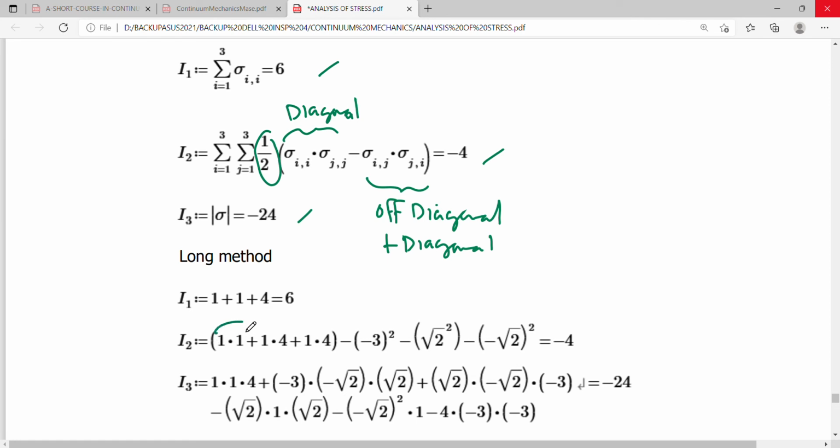So here, this is done twice. And also here, this is done twice, including the diagonal values. But since there's a 1 half coefficient there, these two here and 2 here will simply be equal to 1. That's why at the end of the day, you only use one cycle of each diagonal multiplication.